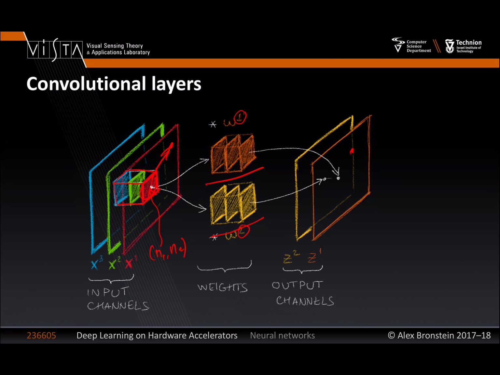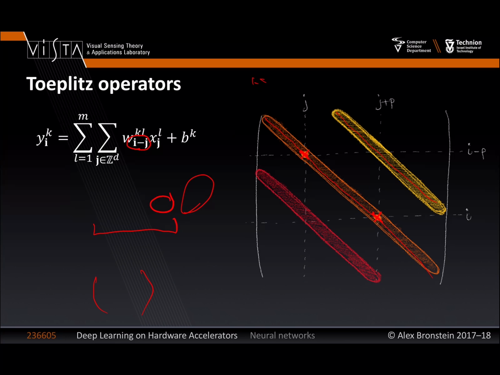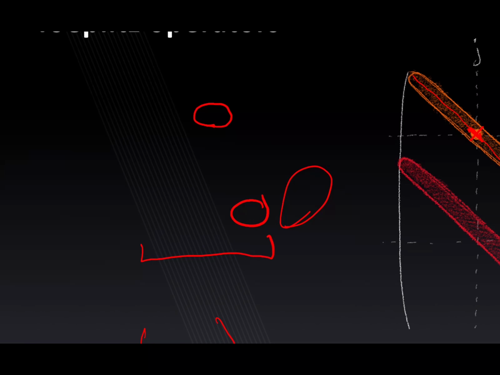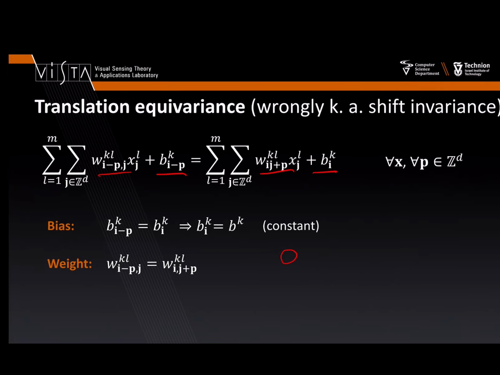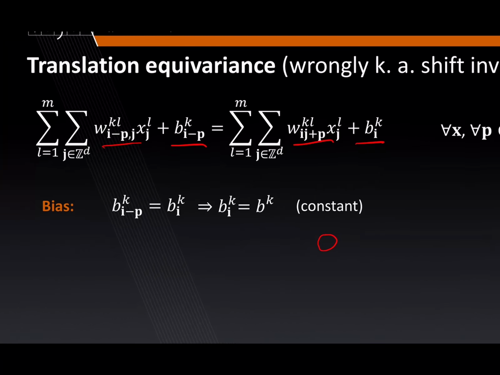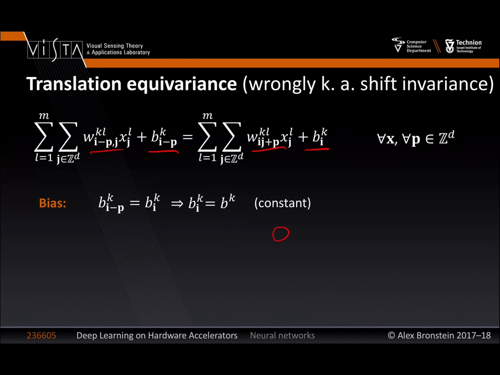Question? So the number of output channels is defined by the number of filters you... Yeah, exactly. So if I go back to this expression here. So basically, I have K and L here, right?